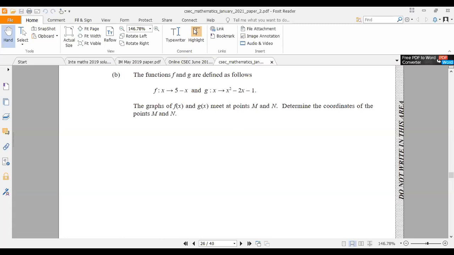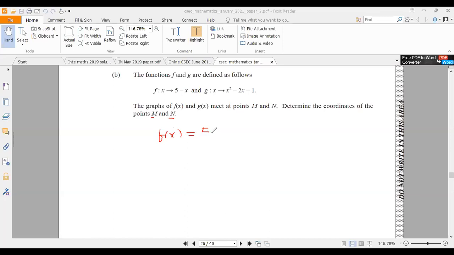They put the question as if it's a function question, but it's not actually a function question. It's actually a simultaneous equations question, because they ask you to find where the two meet, at points M and N. So you are going to write: the first one, f(x) is equal to 5 minus x.